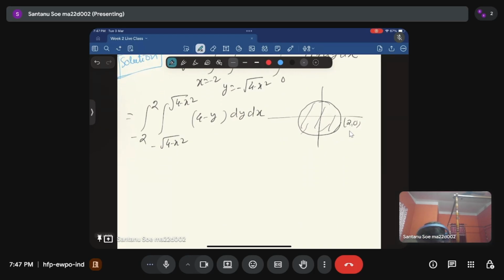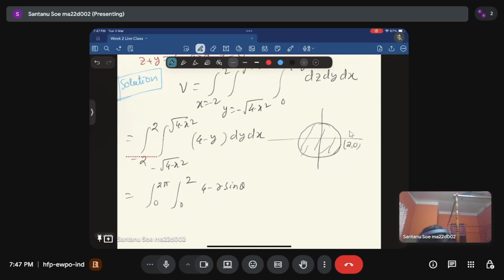Okay, so now we can just put x equals to r cos theta and y equals to r sin theta. So this is gonna be changing to theta from 0 to 2 pi, and then r from 0 to 2, 4 minus r sin theta.